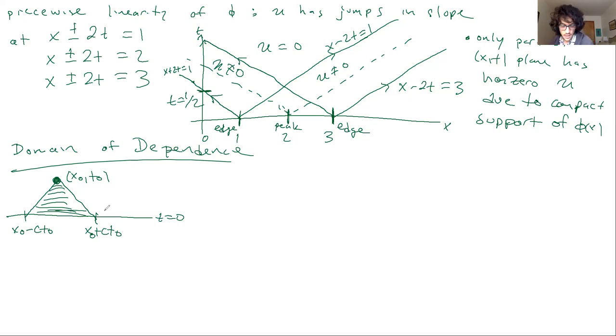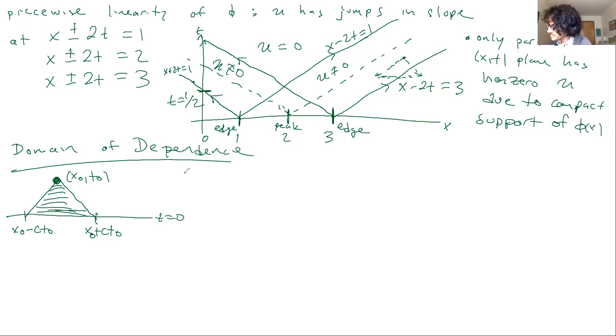So the idea here is that if we have a point here, we look backward this way and we look backward this way. Basically, the only thing that's going to determine how the solution behaves there is anything in that triangle, depending on how far back you have to go to the initial condition or just to a previous value of your solution.